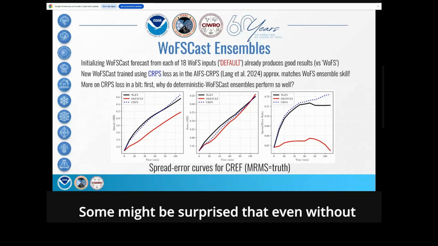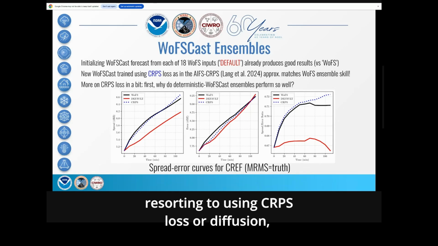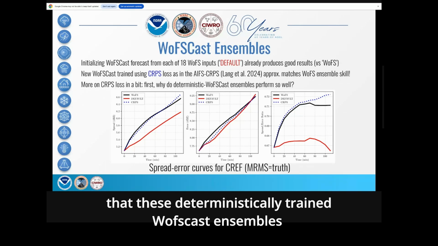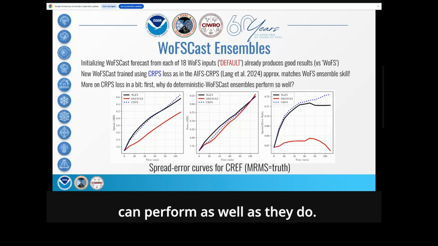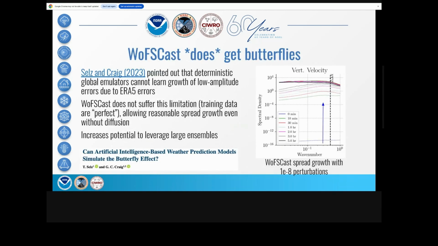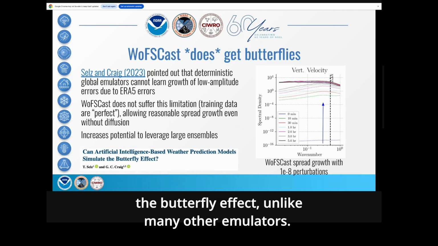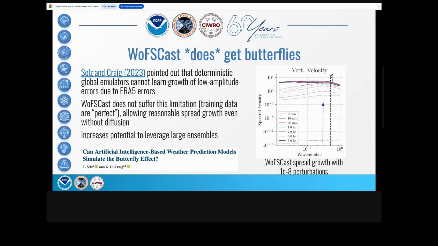Some might be surprised that even without resorting to using CRPS loss or diffusion, these deterministically trained WoFSCast ensembles can perform as well as they do. One reason is that WoFSCast actually does emulate the butterfly effect, unlike many other emulators.